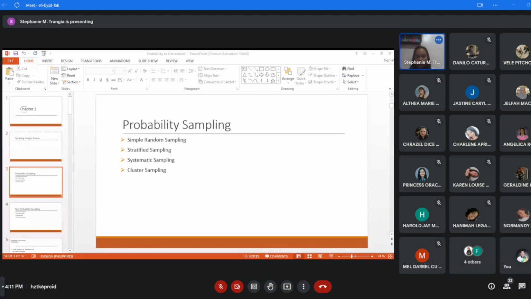Now, the problem with stratified sampling, class, is the regrouping. What will be my basis for creating strata? Will I base it on their nationality? Their religion? Their blood type?